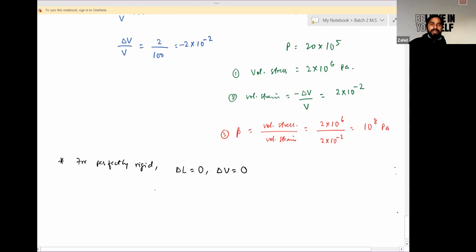So if you put this value to find the modulus of elasticity, let's say for Young's modulus, which was F times L divided by A times delta L, if you put delta L to be 0, this will be 0. Any number divided by 0 will be infinite, which means the modulus of elasticity or Young's modulus will be infinite. So just remember, for a perfectly rigid body, Young's modulus, shear modulus, or bulk modulus will be infinity.